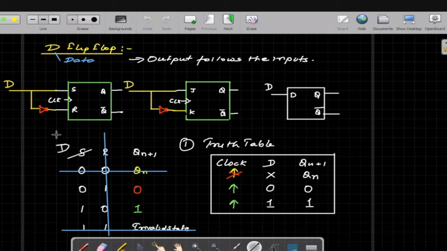And if we are trying to make our D flip flop with SR flip flop, we use that SR flip flop and eliminate the two situations. See one more important question: why do we eliminate these 0 0 and 1 1 rows? Can anybody tell me?